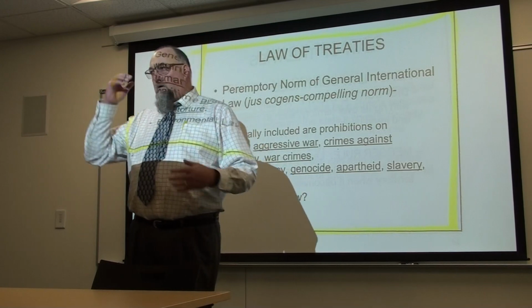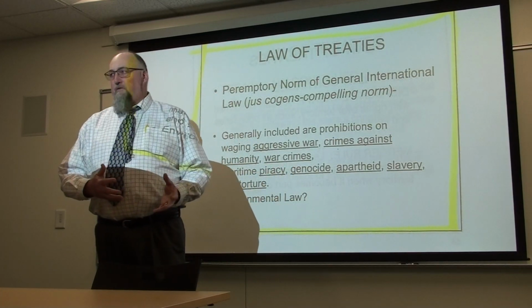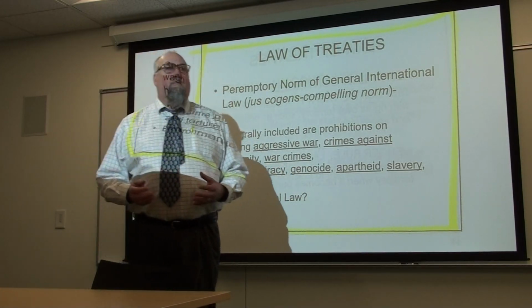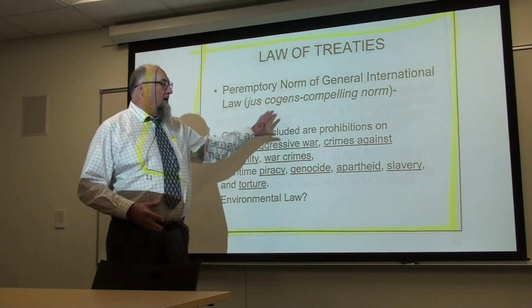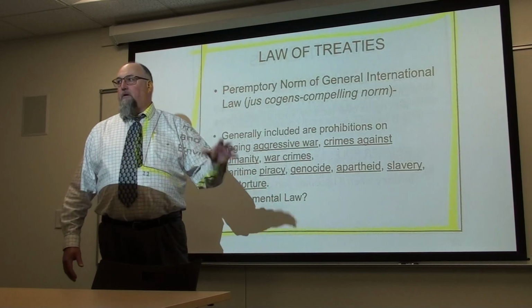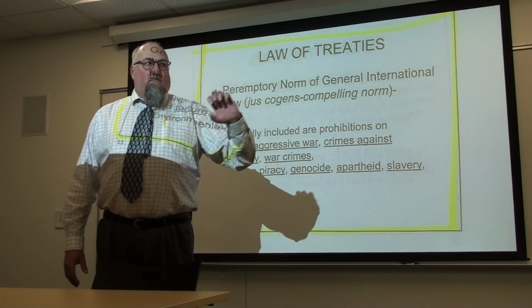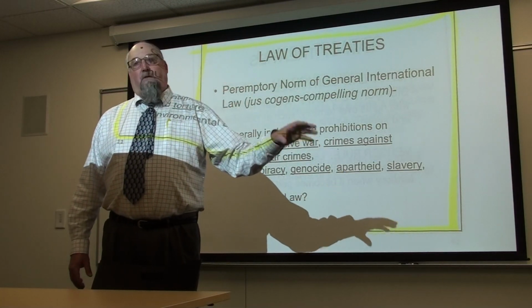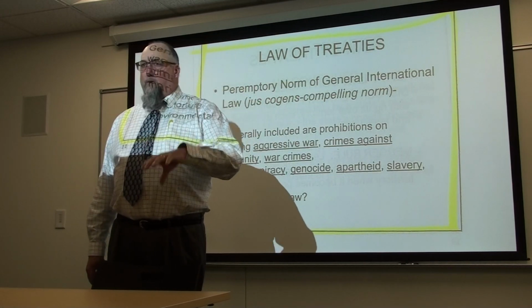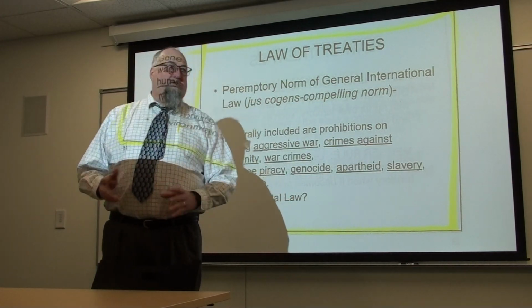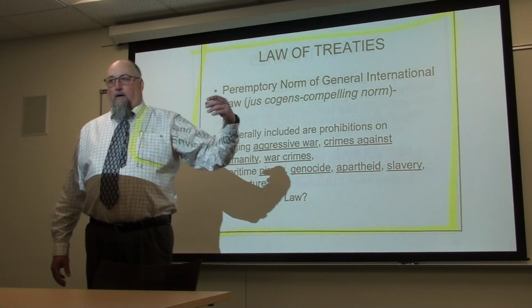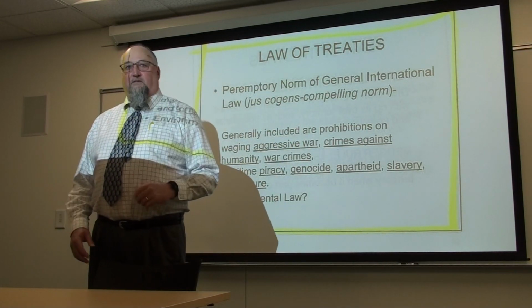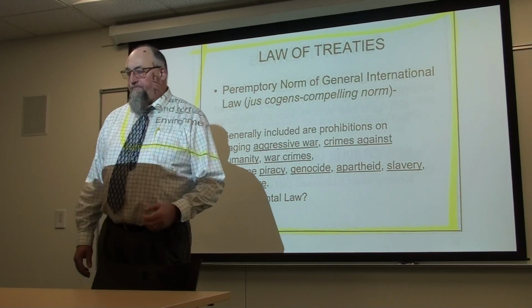Just like in domestic law, the 55-mile-an-hour speed limit, which is not a peremptory norm by any means, is not always enforced either. So it's easy to sit here and talk about theory on paper, but this is the basis for it. Later on, when we get to the UN, we'll talk about when use of force is authorized under the Charter. This is one of the bases for the use of force, potentially as a violation of a peremptory norm.